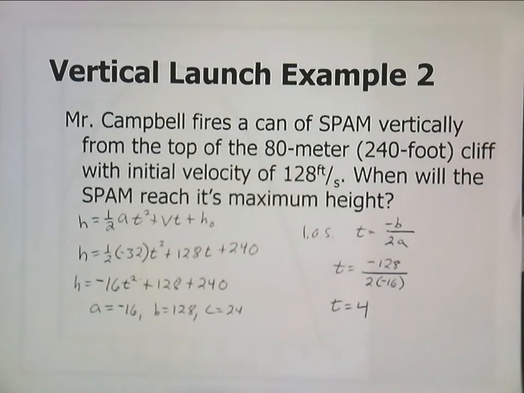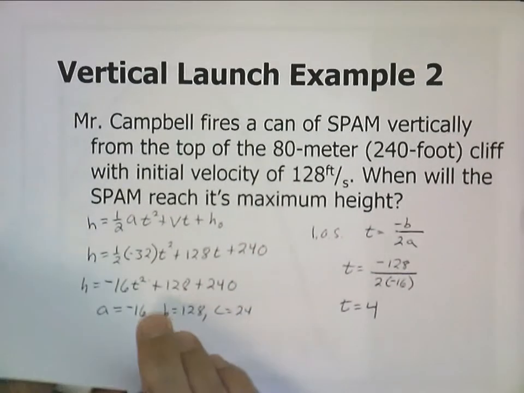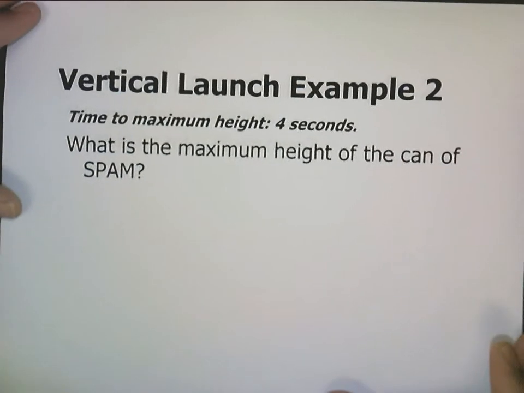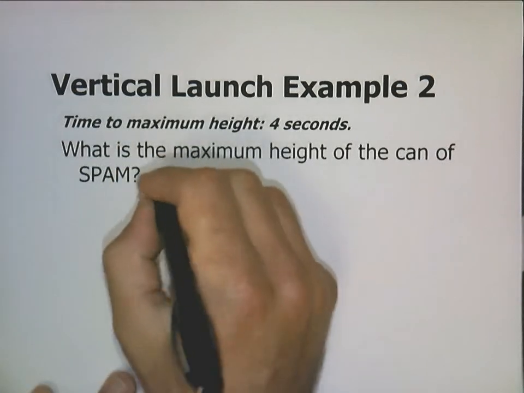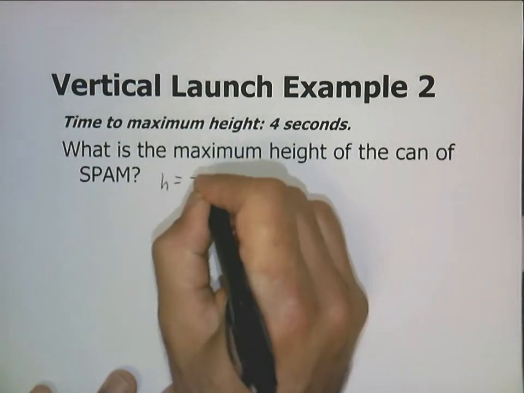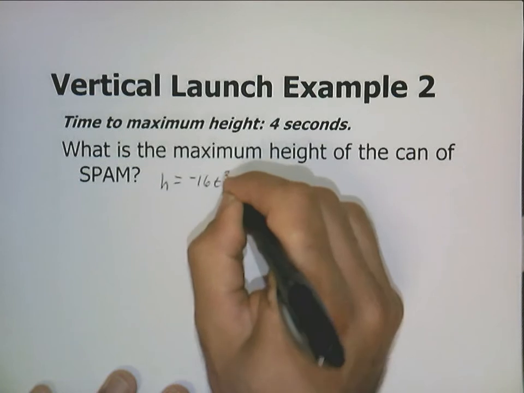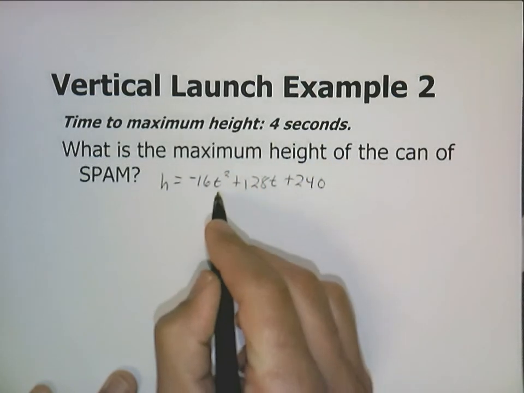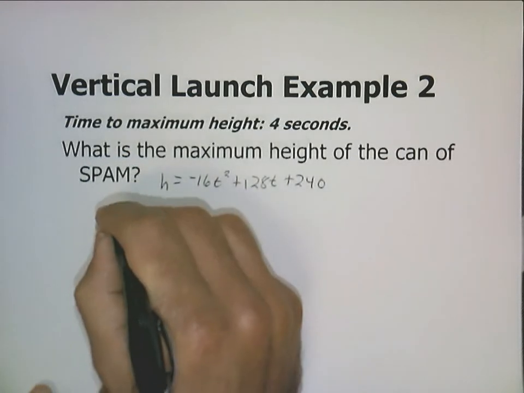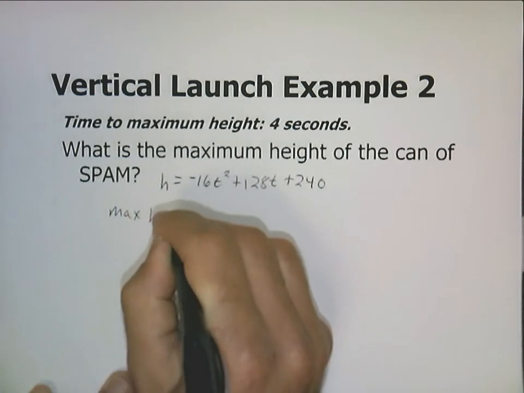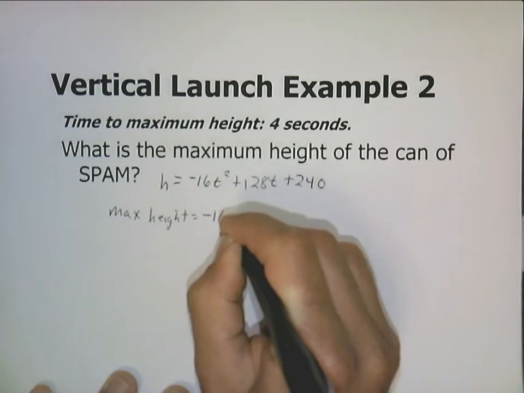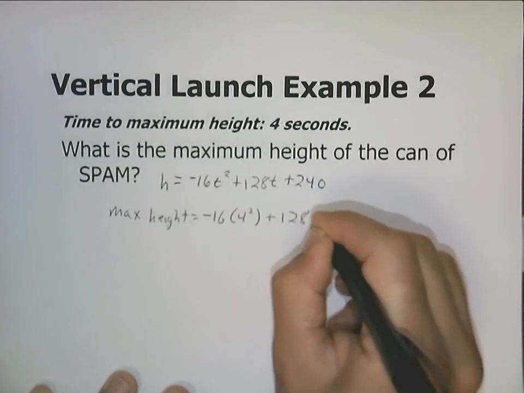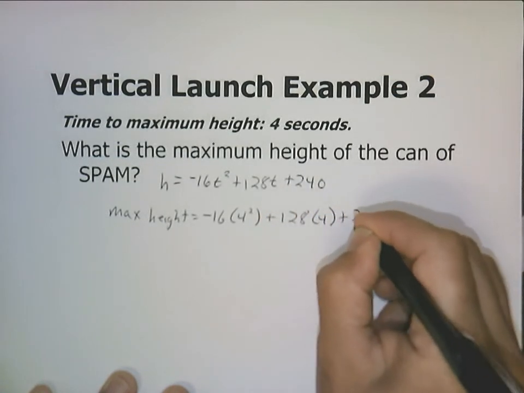Now, of course, we want to know what the maximum height of the can of Spam will actually be. So all we got to do now is plug that 4 seconds back into the equation. Remember, our equation was h is equal to negative 16t squared plus 128t plus 240. We just plug the 4 seconds back in there to give us our maximum height. So it's negative 16 times 4 squared plus 128 times 4 plus 240.